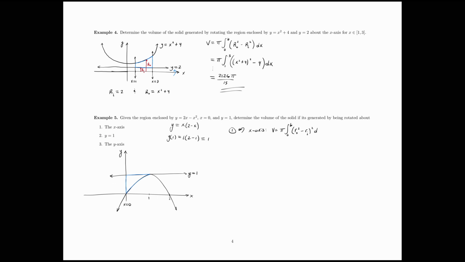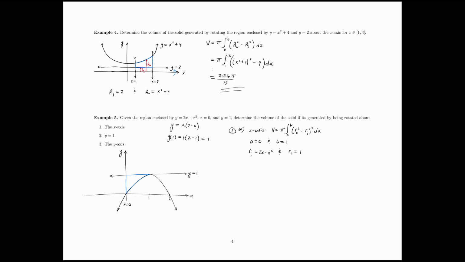And then since we're rotating about the x-axis, dx for discs and washers. So our a to b is 0 and 1 respectively. Our inner radius, we just said, was the parabola, so 2x minus x squared. And our outer radius is the line y equals 1.